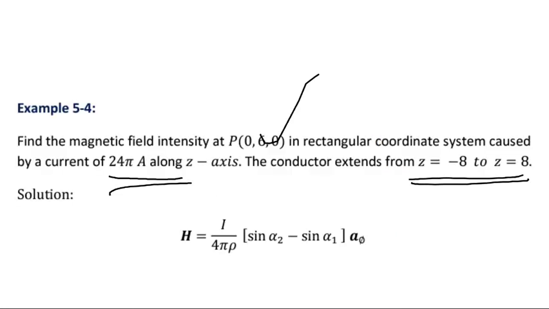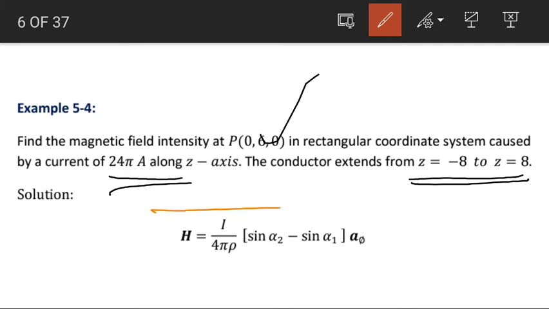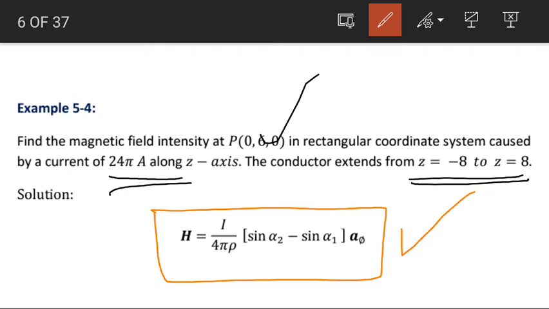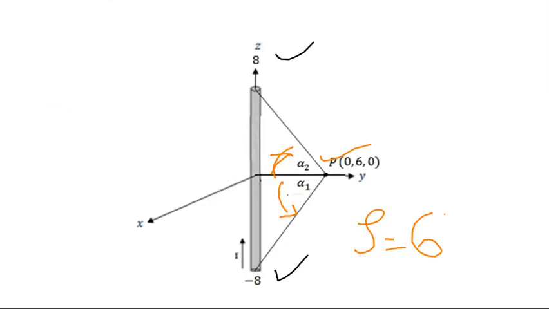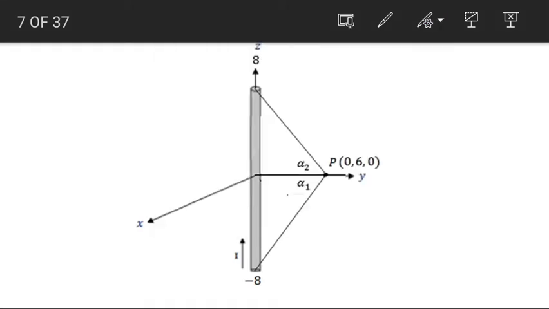And in order to calculate the magnetic field intensity at the given point, we use this particular equation. In this particular equation, rho is known. We need to calculate alpha 2 and alpha 1. So let us calculate alpha 2. Alpha 1 will be negative, while alpha 2 will be positive.